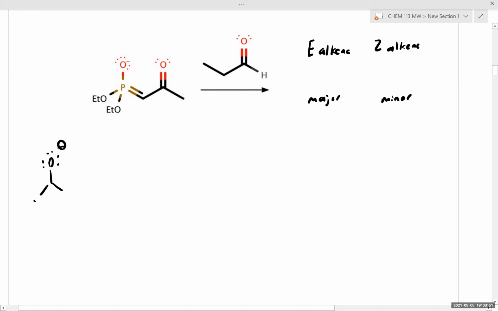first we have attack of our ylide onto the electrophilic aldehyde carbonyl carbon.